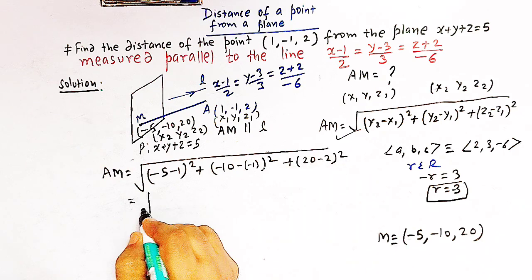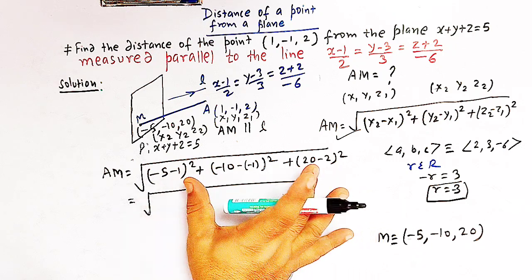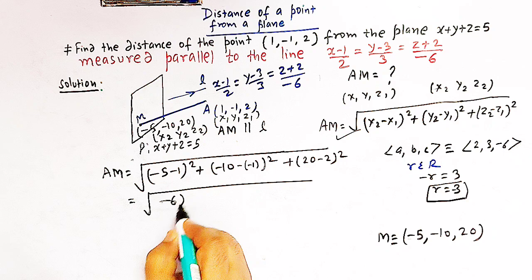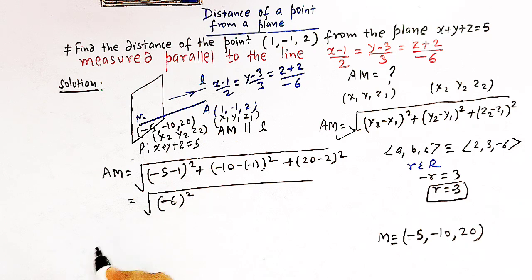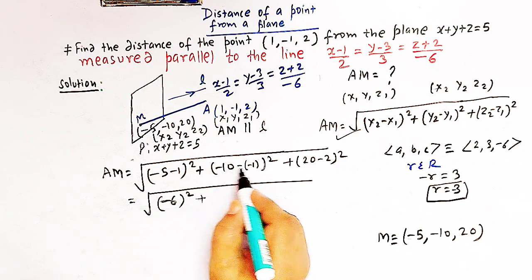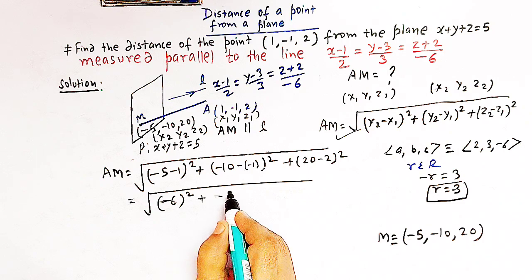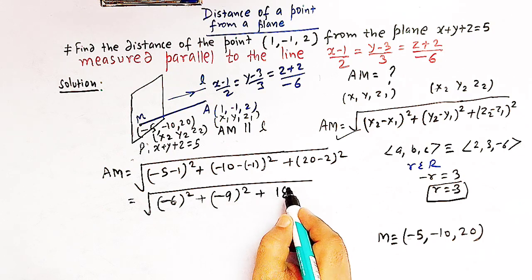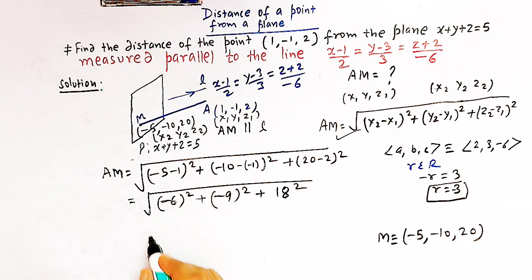Now we can solve this expression. Here we have minus 6 square, minus 10 minus 1, that is minus 9 square, and here we have 18 square.